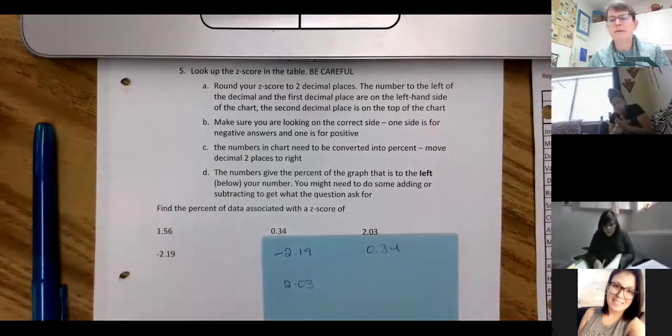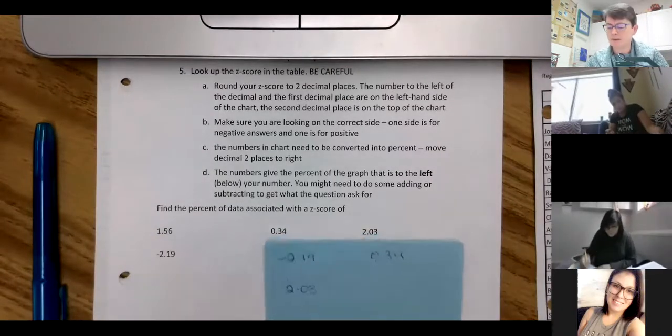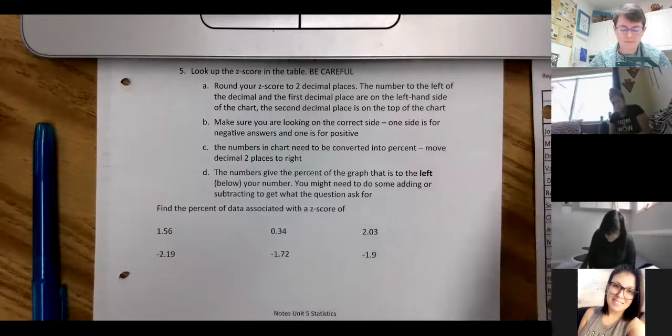And then we'll do some practice ones just to make sure everybody's on the same page. All right. Can you try, if you haven't already, to do negative 2.19? That's a Z-score. So I want you to find the data associated with that.